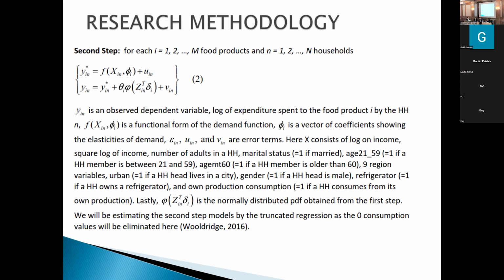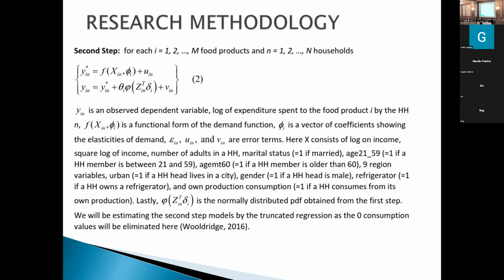And the important variable here is the own production consumption, because we believe that when households produce some goods by themselves, they can keep the money and spend it on other goods.